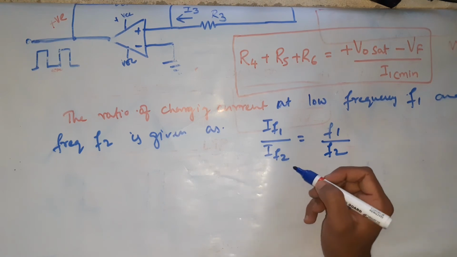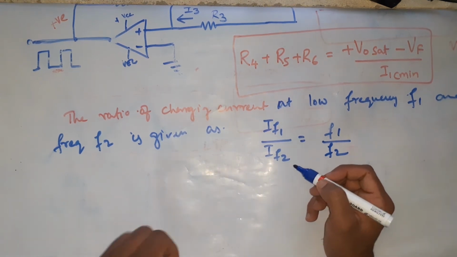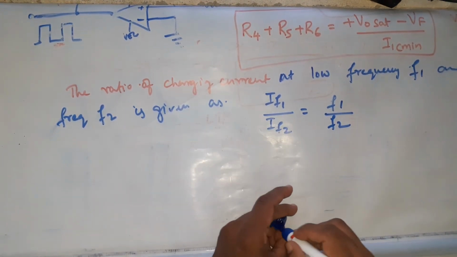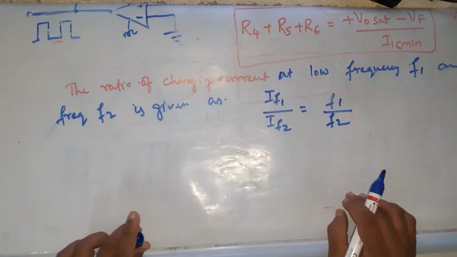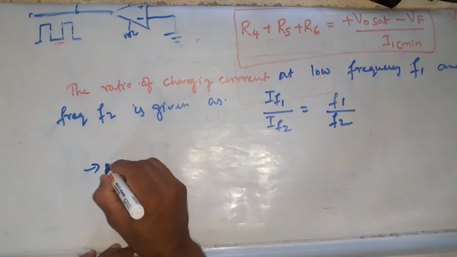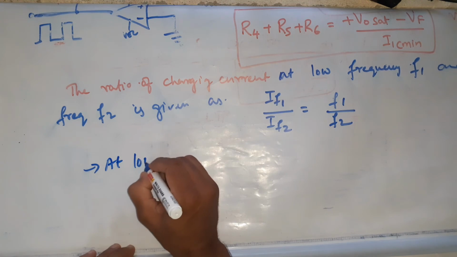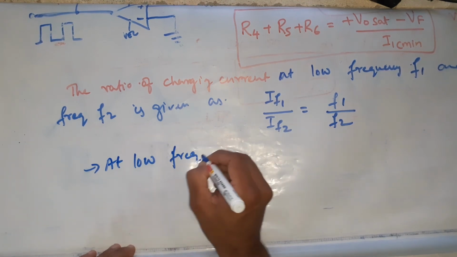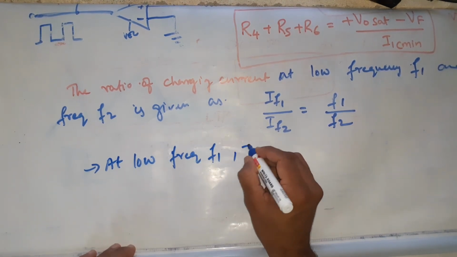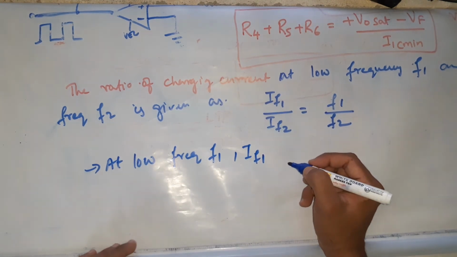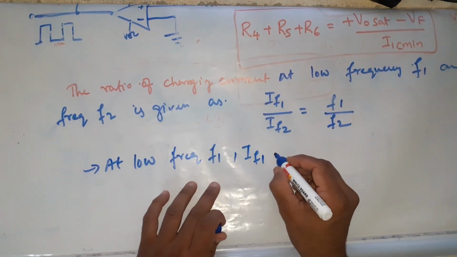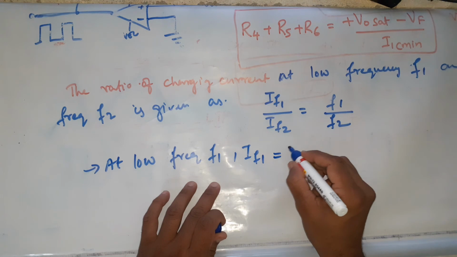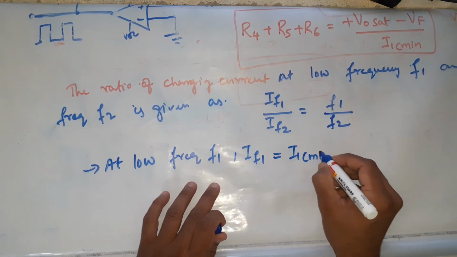And when the frequency is maximum, your current is maximum. So at low frequency F1, what is your IF1? When the frequency is less, I1 will be minimum.